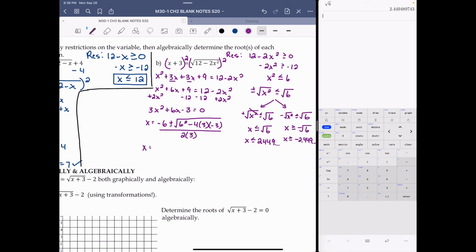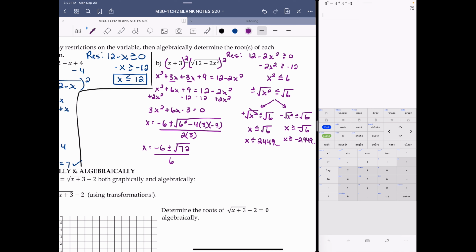We want to simplify, but not just calculate, because we could want exact values here. So let's calculate what's under our square root. 6 squared minus 4 times 3 times negative 3 is 72. And then 2 times 3 is 6.